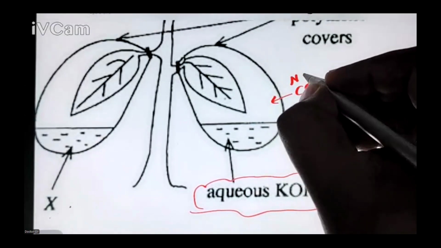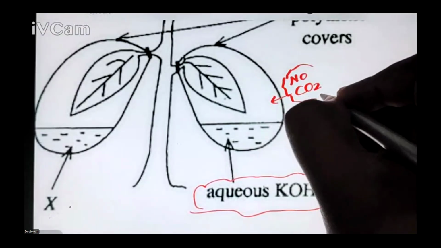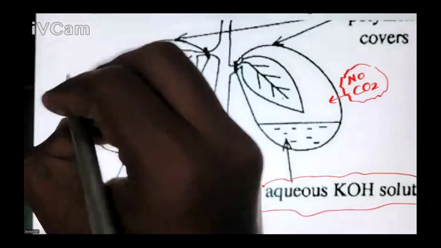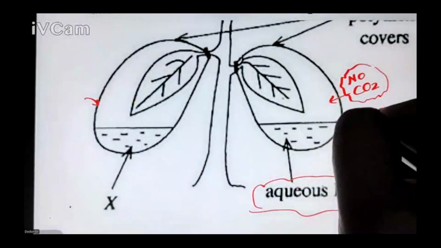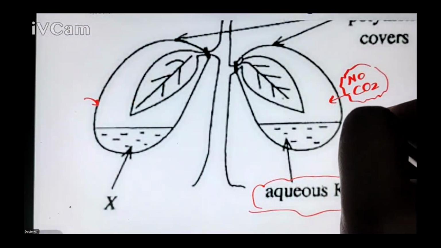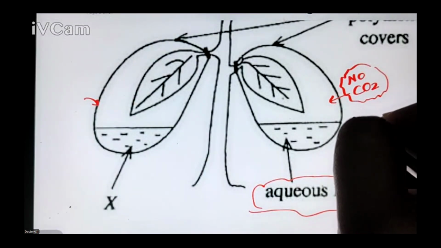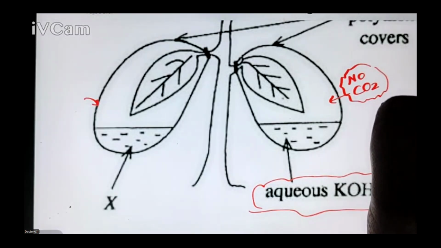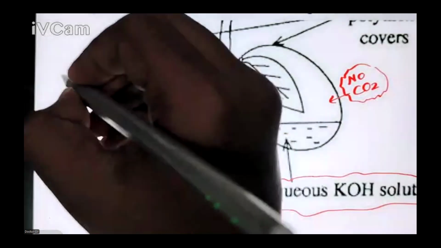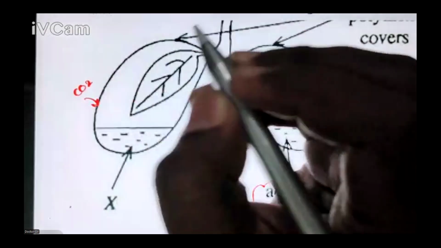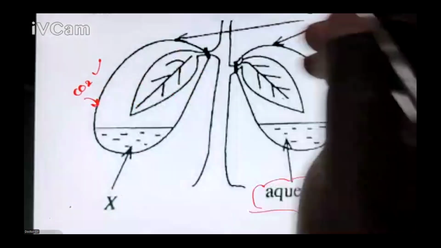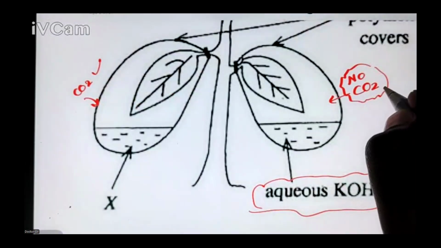But here one experiment should be the control experiment. In the control, carbon dioxide can be present, but here there is no carbon dioxide.